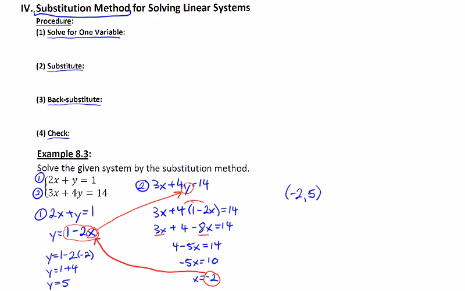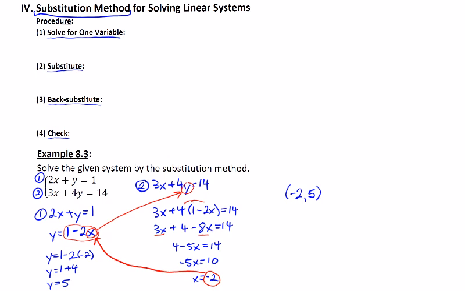So what I'd like for you to do is take a look at example 8.2, which was the graphical example that we did, and you should notice that the system that we're working on right now is the exact same system that we worked on in example 8.2, and we were able to get the exact same answer, the ordered pair negative 2, comma 5.